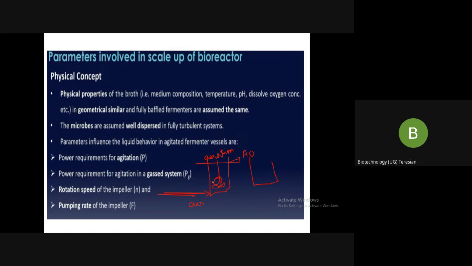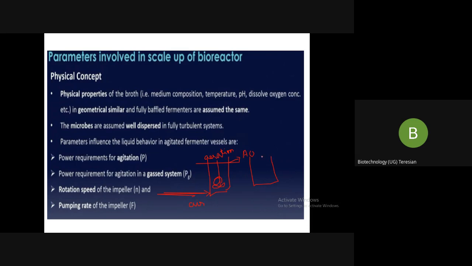Now here, if you have some kind of air that you flow in and out, then due to the aeration there will be a kind of turbulency, some type of instability, a kind of movement of the water. The turbulency will happen in the media, that is the liquid media here. And due to this, the power requirement of the stirrer will be less as compared to the ungassed system.